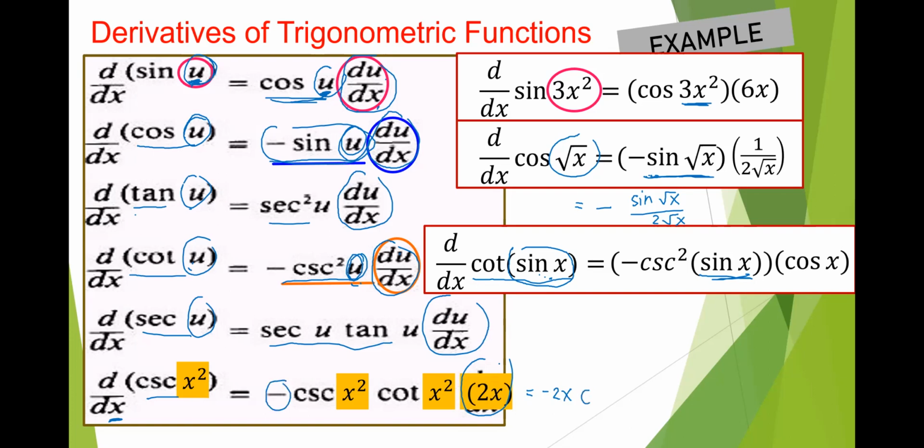Remember, multiplication is commutative. Ayun, so present pa rin yung mga factors mo, no? Yung 2x, cosecant x squared, cotangent x squared, and the negative sign.